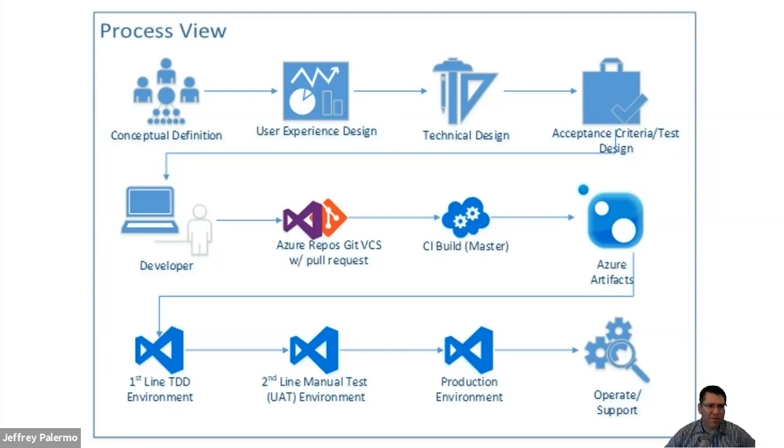Then the developers, we write code. We work with our version control system with builds. We produce release candidates, and we'll go into that next week for how to set up version control for this process. But then we come right back out to the layers where we match validation. So the first line TDD environment, the test-driven development environment, that's the first time we deployed our software.